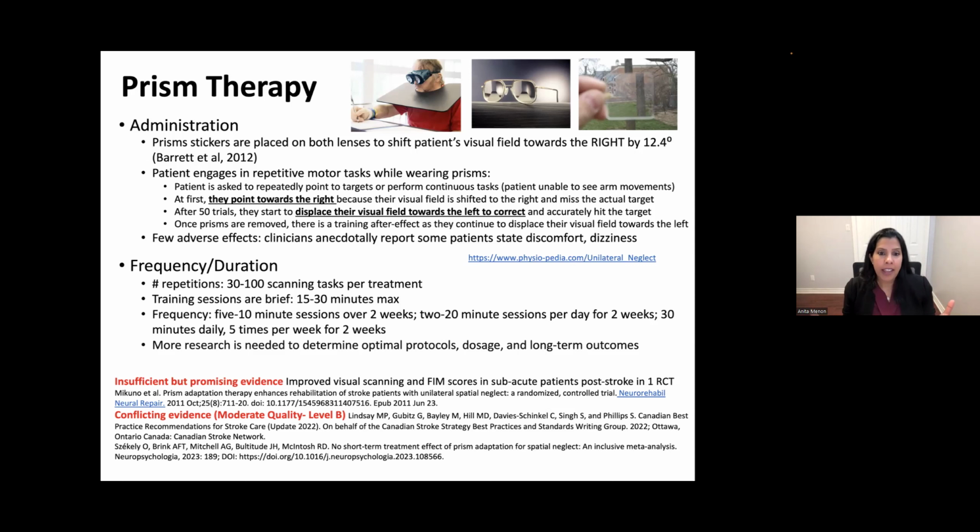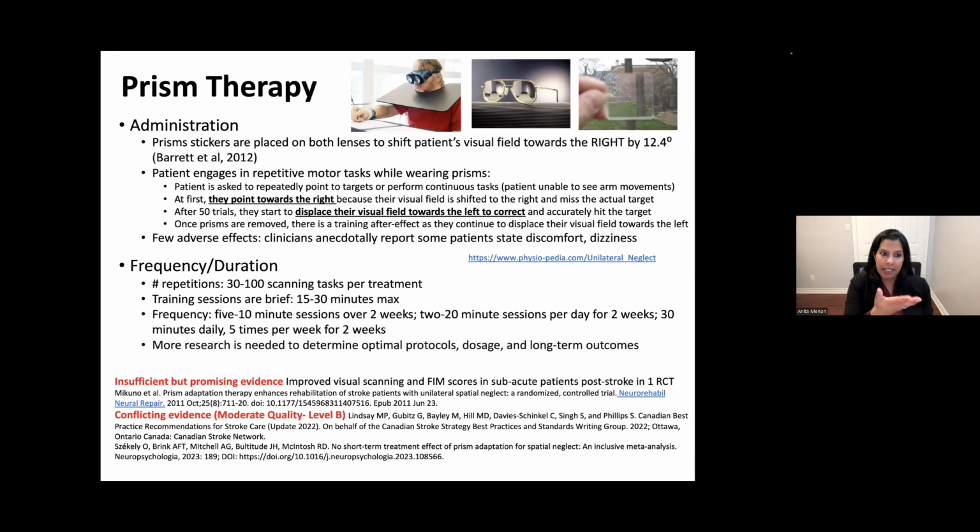Initially, once they wear the glasses, their vision is deviated towards the right. Because their vision is shifted, when you ask them to point towards a target, they end up missing the target, because the target is not actually there.